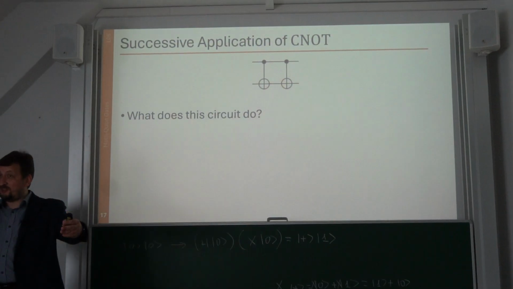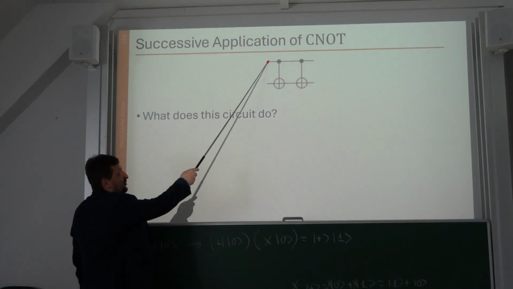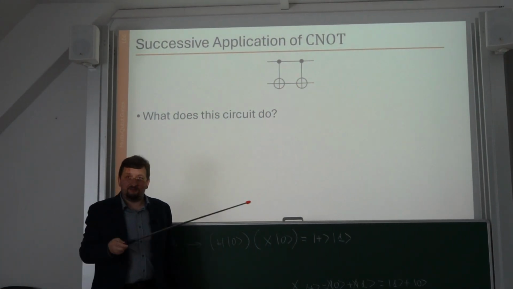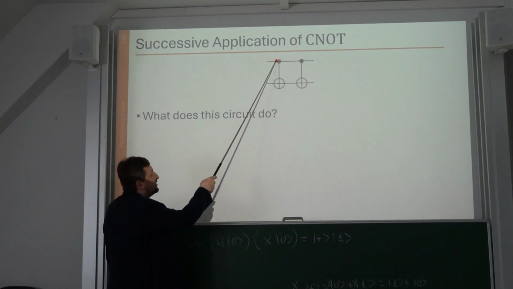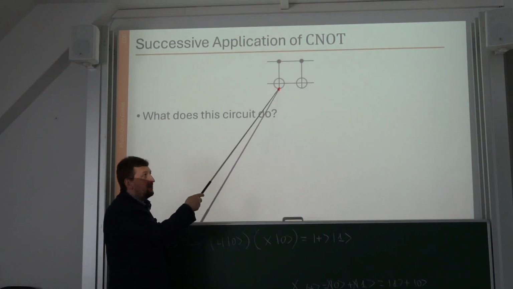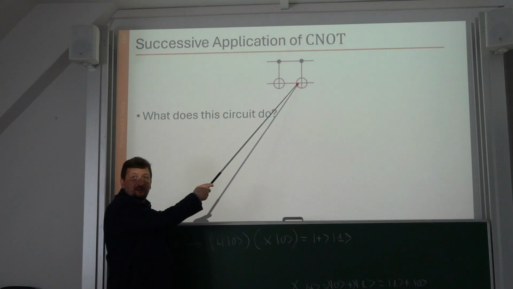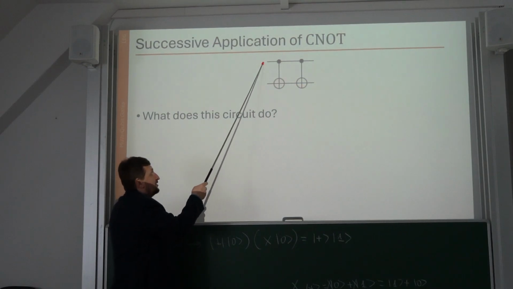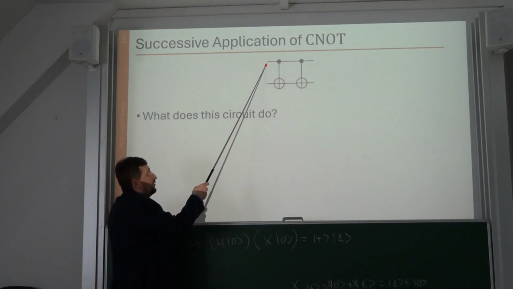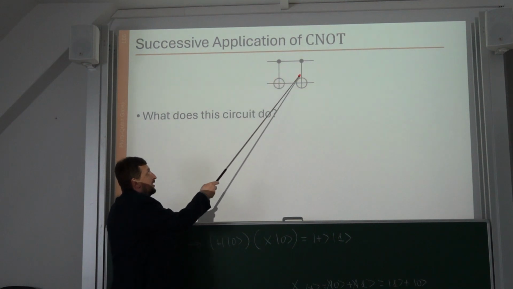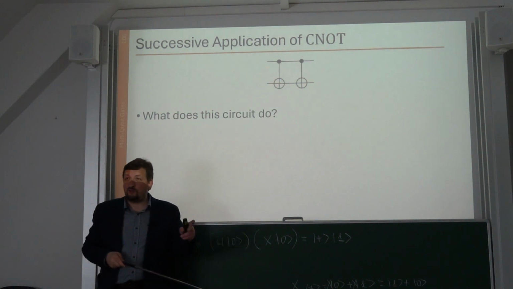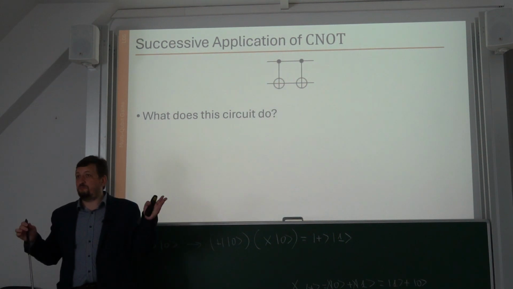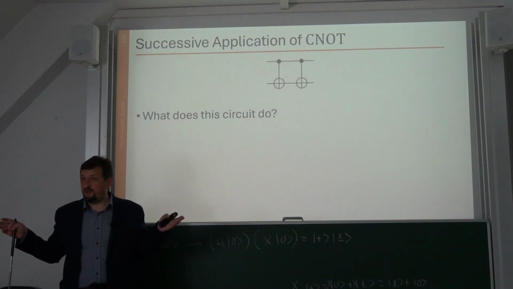Yes, it does nothing. If this qubit is 0, then it does nothing at all. If this qubit is 1, it applies one X gate, then it applies another X gate, because this qubit stays 1. So in both cases, the end result is nothing.